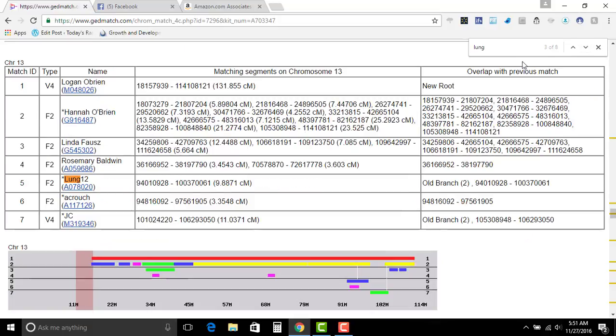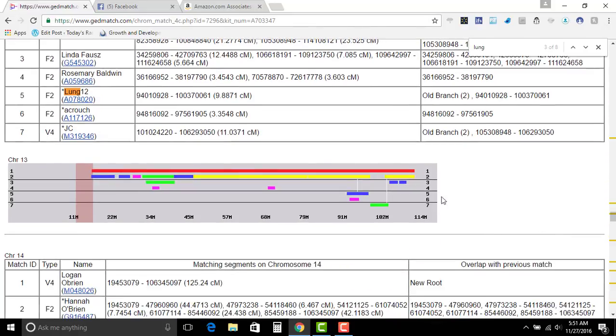Then let's go down to the third match, because there are actually 8 matches on here. The third match is on chromosome 13. She's number 5 in the list, here she is right here. I know that number 6 overlaps as well. So my aunt, number 5, who is Long, and number 6, who is this A Crouch, all three match.